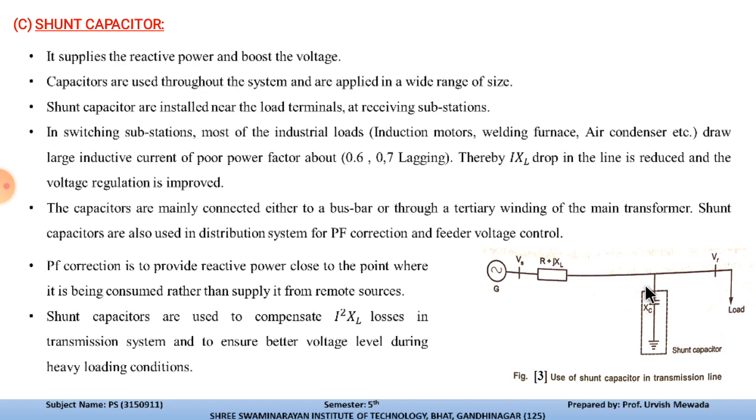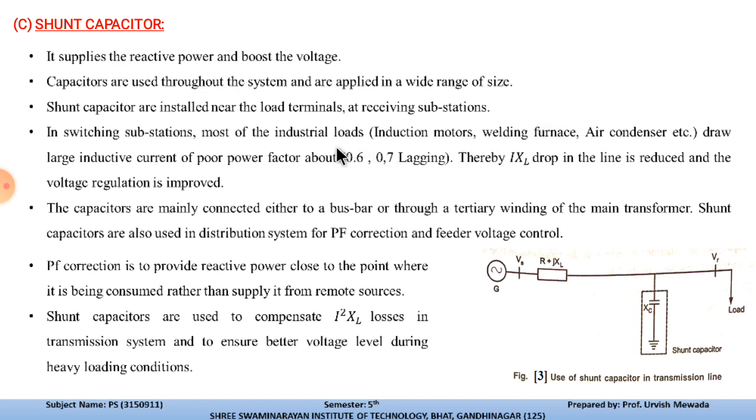Generally in a switching substation, most of the industrial loads, say induction motors, welding furnaces and air conditioners, are heavy inductive loads, and these loads draw a large inductive current at poor power factor, and by keeping this much power factor, these devices will work properly.